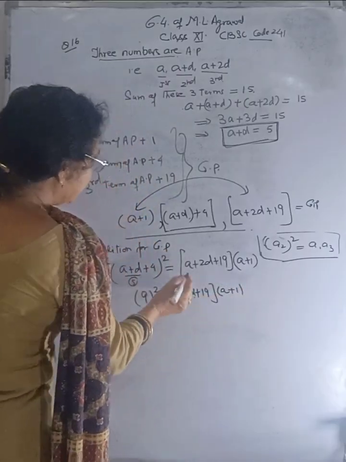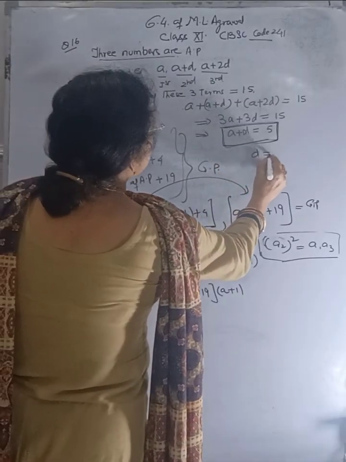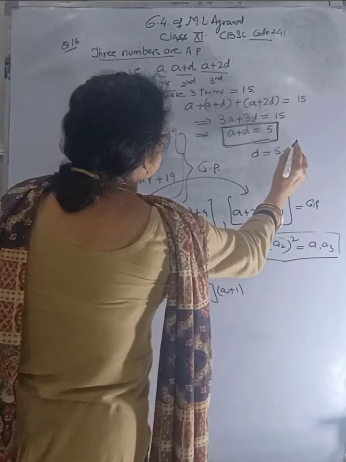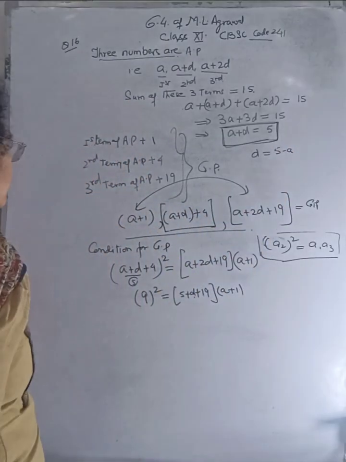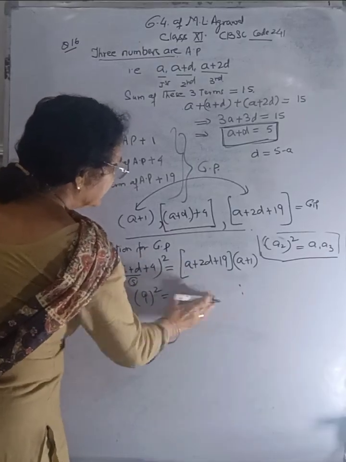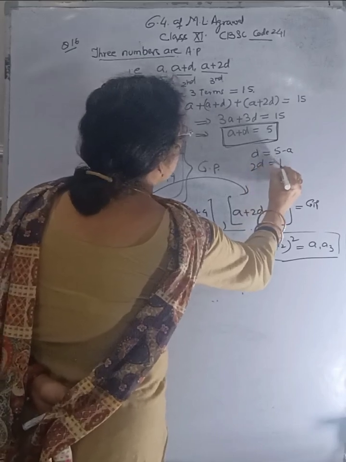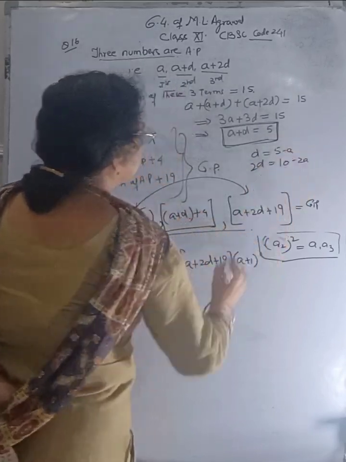Now further, D can be written as 5 minus A. It means 2D will be equal to 10 minus 2A.